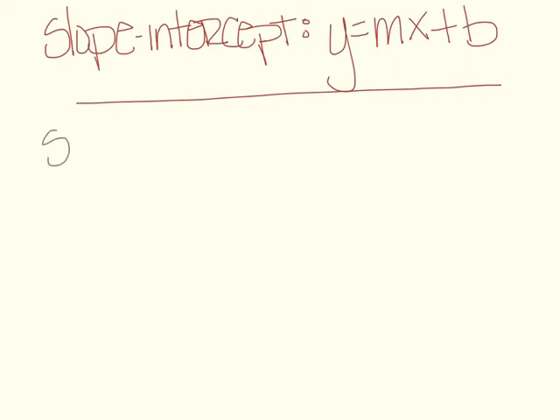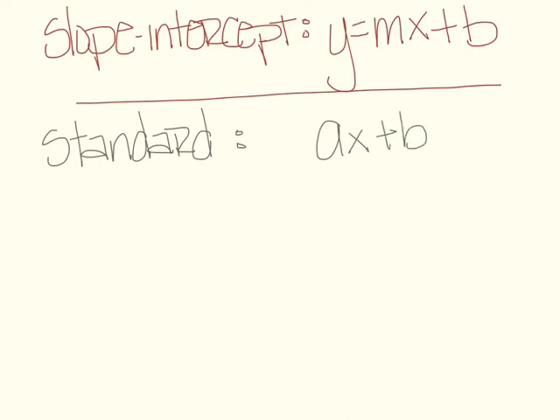We have standard form. Standard form is when the x and y terms are on the same side of the equal sign. So that one looks more like ax plus by equals c.